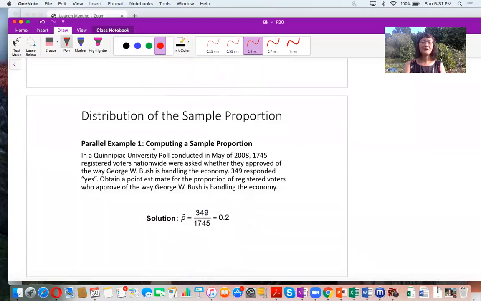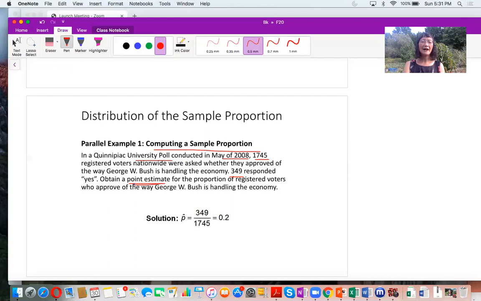Now let's compute a sample proportion. In a university poll conducted in May of 2008, 1,745 registered voters nationwide were asked whether they approve of the way George W. Bush is handling the economy. 349 responded yes.